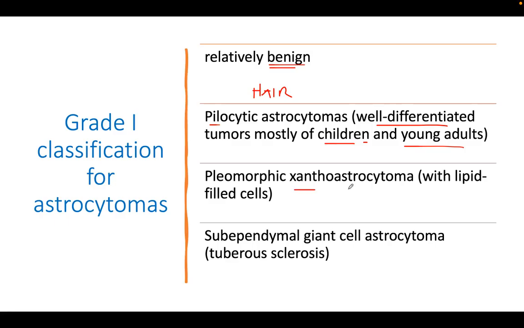Then we have the xantho astrocytoma. So from the prefix xantho, this is cells which are filled with fat or lipid. Then, of course, we mentioned the SEGA, subependymal giant cell astrocytoma. This is usually associated with tuberous sclerosis.